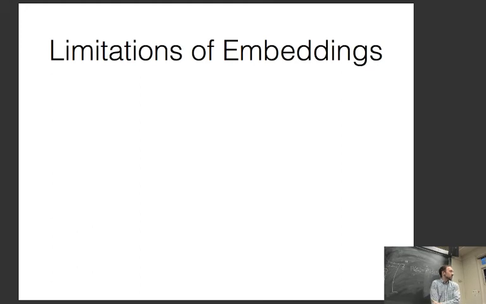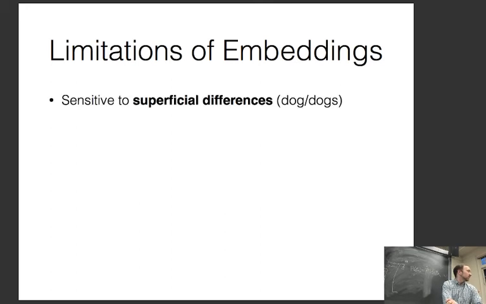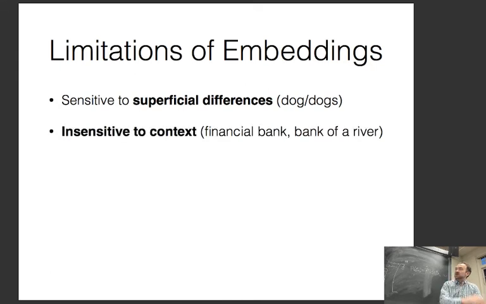But so, limitations of embeddings, there's a lot of them. One is that they're still sensitive to superficial differences, like dog and dogs, especially for less common words. Another thing is that they're insensitive to the context in which the word is used, so financial bank or bank of a river.